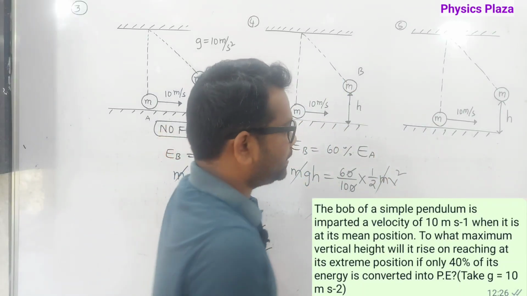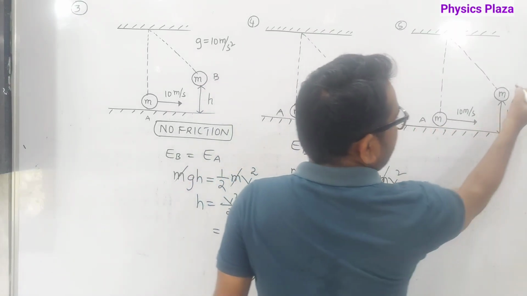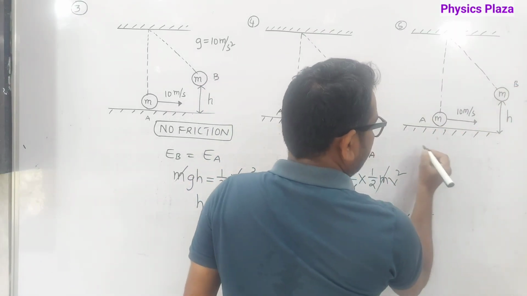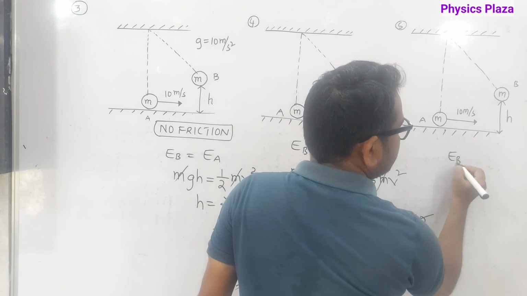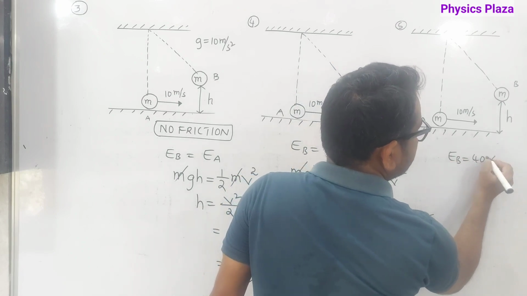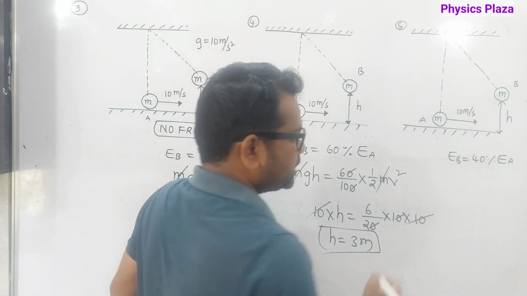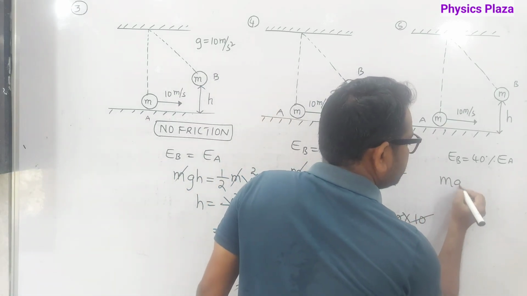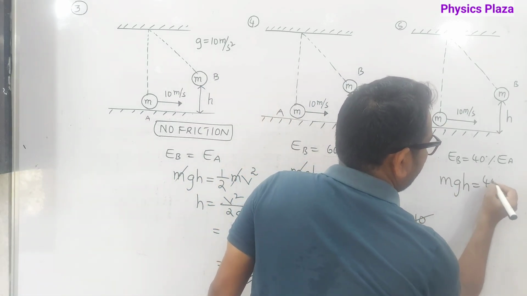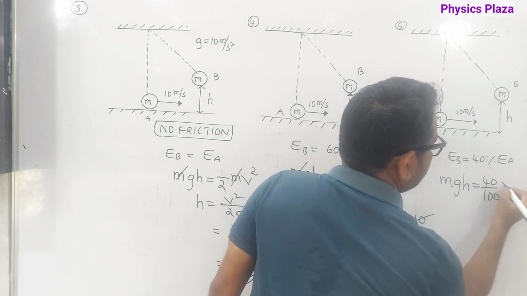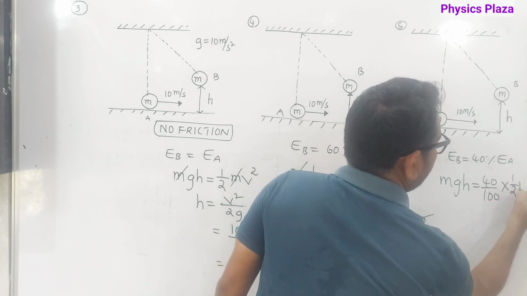Then how to proceed? So let us say it is point A, it is point B. Then energy at point B is equal to 40% of energy at point A. Now the remaining thing will be everything the same. Come on, this is mgh is equal to 40 by 100 into half mv square.